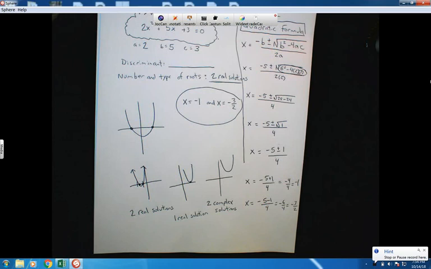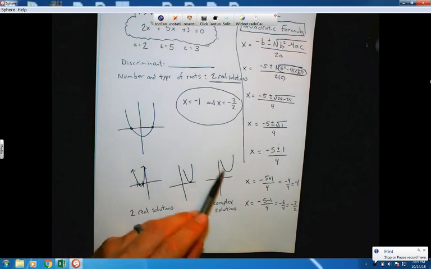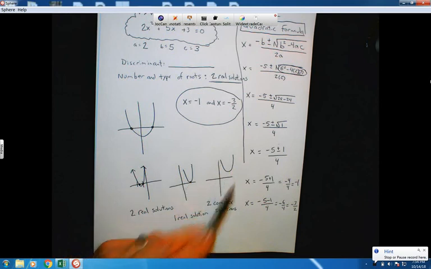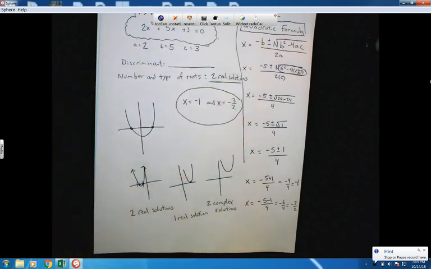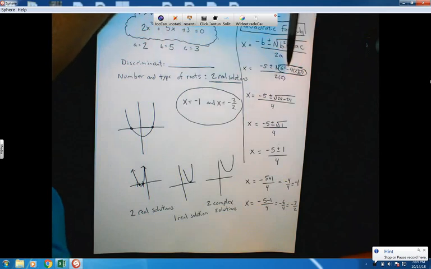What's that about? Well, it turns out there is a way of knowing whether the parabola is going to have 2 solutions like this one, or 1 solution like this one, or 2 complex solutions like this one, before you actually get done with the problem.